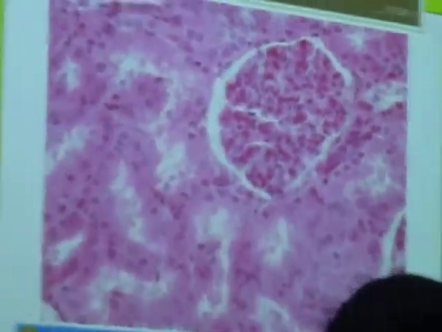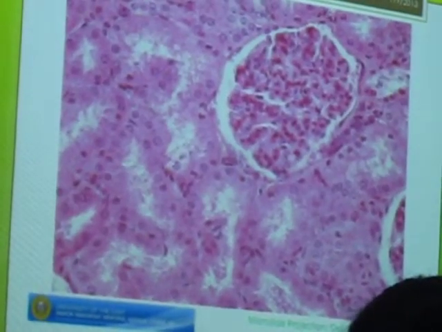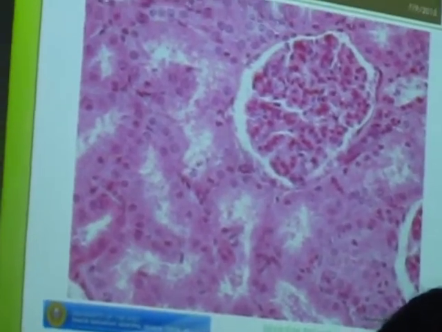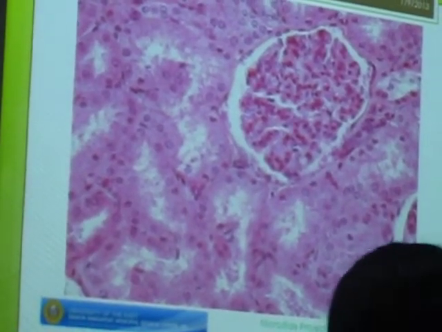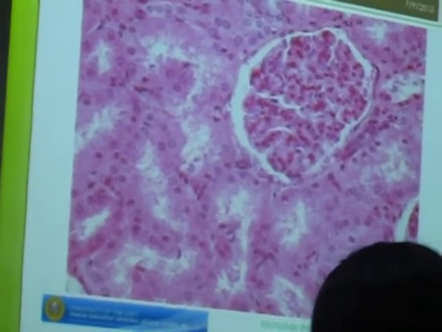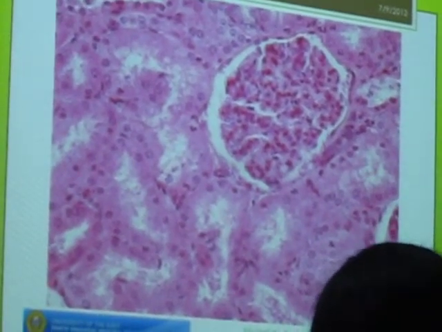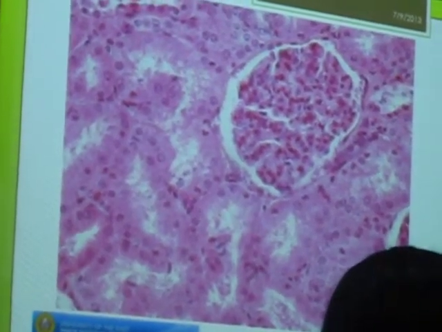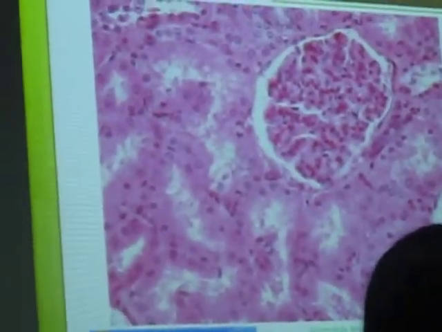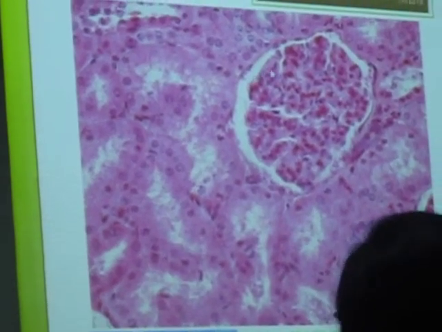Give the function of simple squamous epithelium. Simple squamous epithelium is very thin. Diffusion.